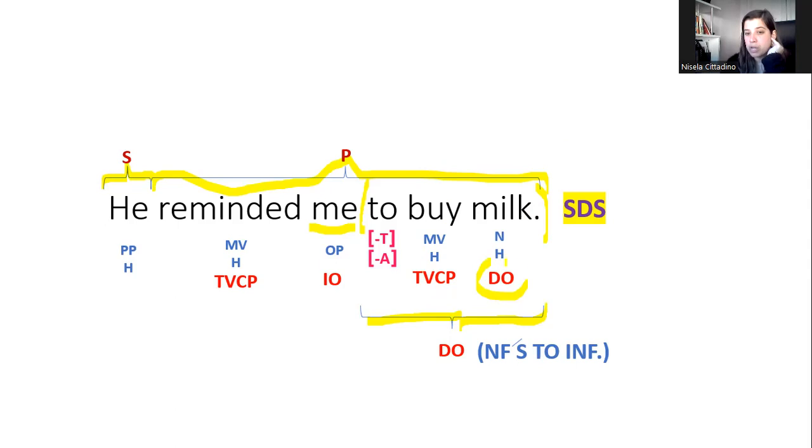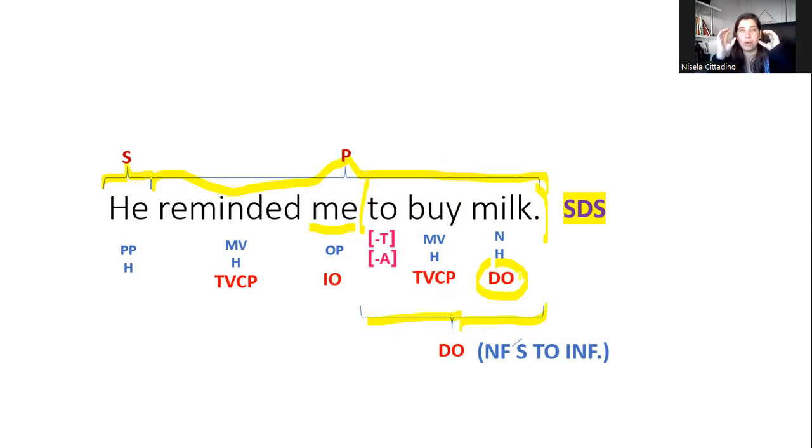Yes. So milk is a direct object. Yes, we can have a direct object inside a direct object because this is the direct object of the complete sentence. But milk is the direct object inside the clause. That's why it's important that you understand that when you are analyzing a clause, you are analyzing what happens inside of it.